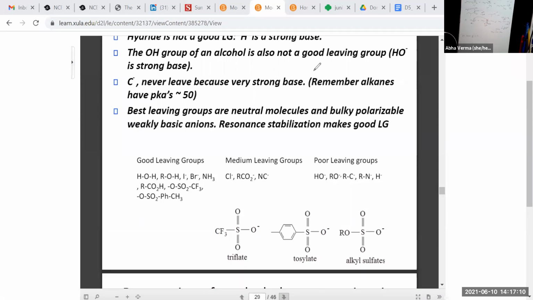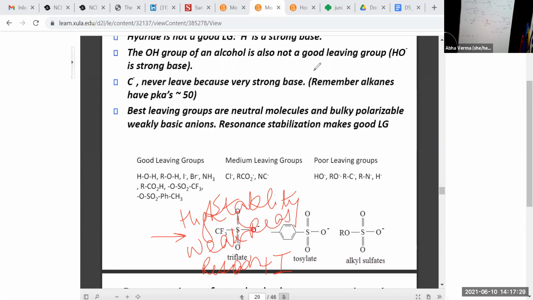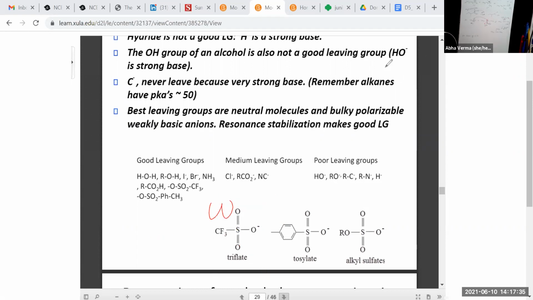Why? Because when they are formed, you will see resonance and induction stabilization, which means stability is very high. High stability means weak reactivity or weak basicity. And so they will be very, very weak bases.